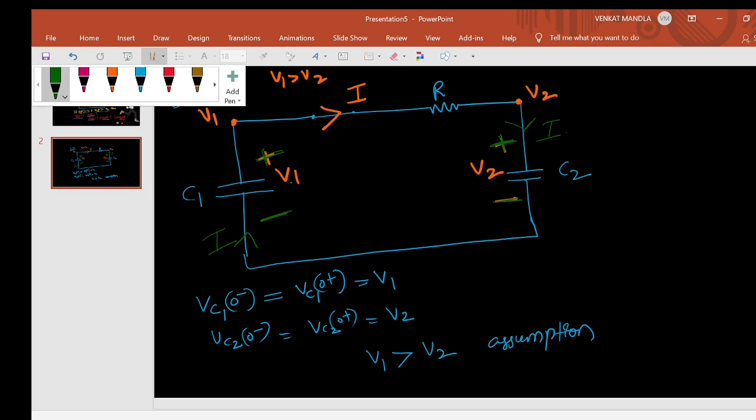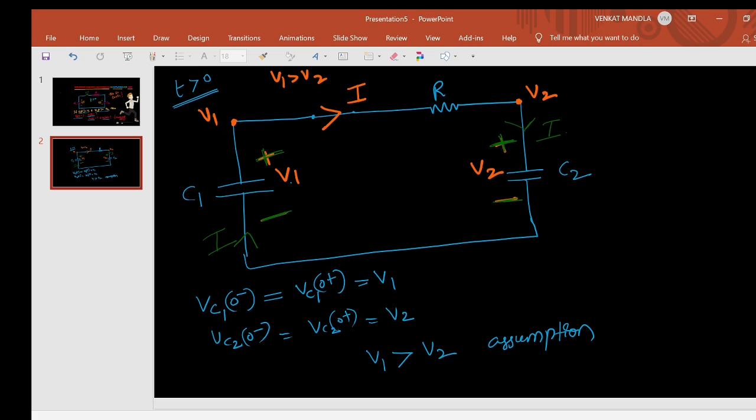So in this case, at t equal to 0 plus, the C1 capacitor is delivering power to this resistor, where the voltage is I into R, and here V2. Okay. So how much time will it deliver? Because it is not an active device that can deliver for infinite time, right?